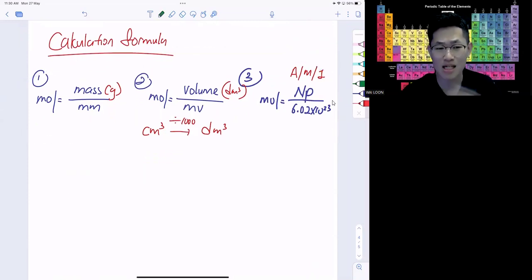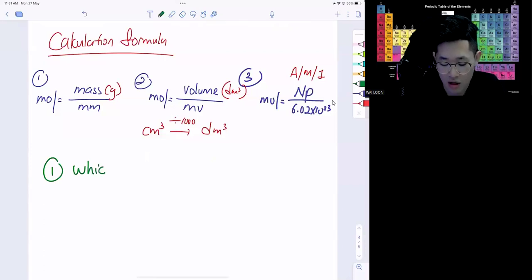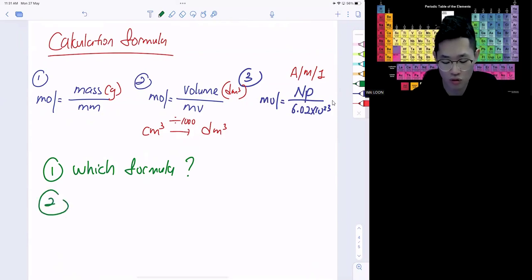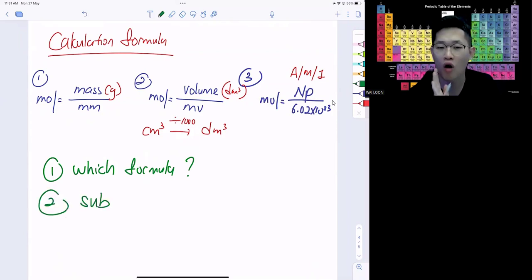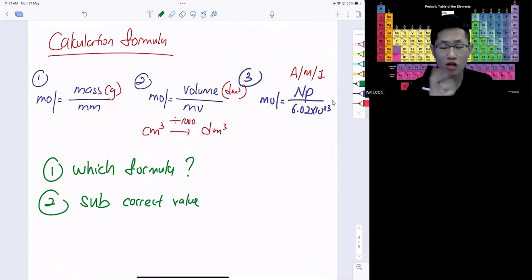And then the steps in doing your chemistry calculation: identify which formula to be used first. If you are able to identify which formula to be used, all you have to do next is sub in the correct value into the formula.